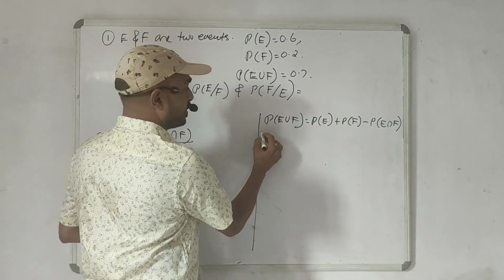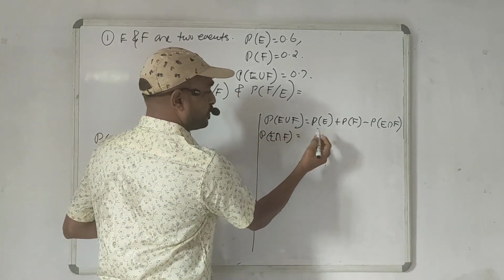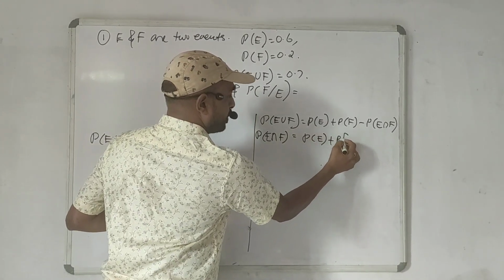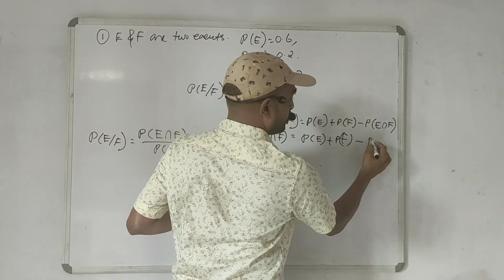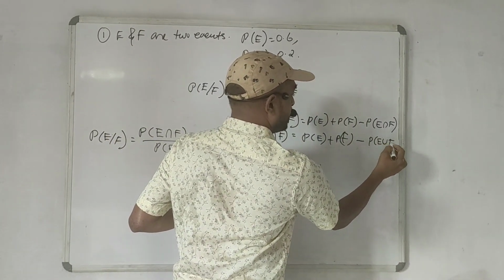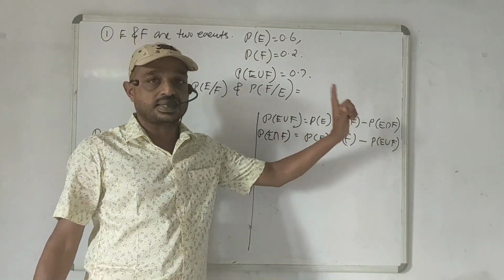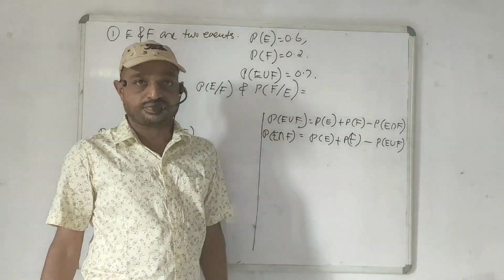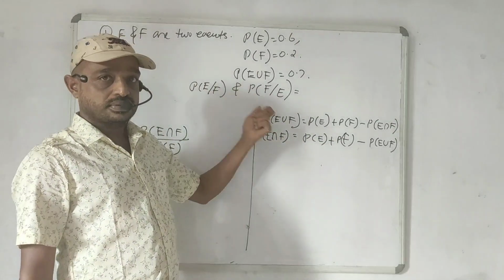What will be P of E intersection F? P of E intersection F is equal to P of E plus P of F minus P of E union F. Here we are given these three quantities directly: P of E, P of F and P of E union F. So substitute.